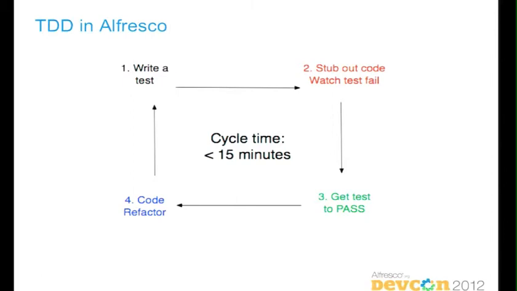And then we refactor the code, apply some code style, merge duplicated code, apply patterns. All this in a cycle time. I said 15 minutes, but it can be more flexible.